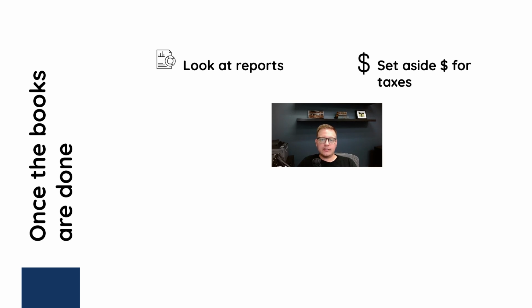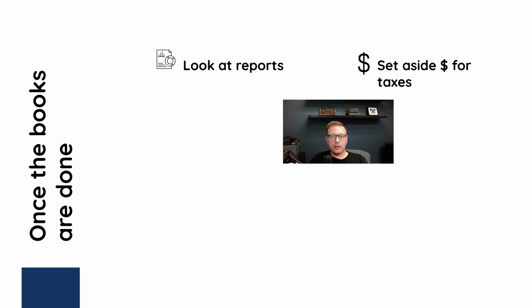So set aside the money for taxes. You're going to pay it eventually, and it's going to be based usually on the profit and loss. So now that you have that information, you can make a pretty informed decision about how much money you're probably going to need to pay, right? Talk to your CPA to figure out a percentage that makes sense.